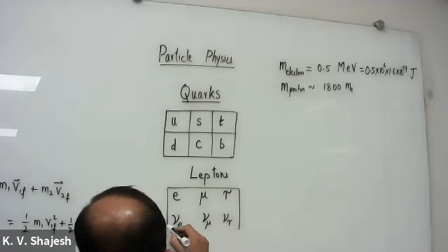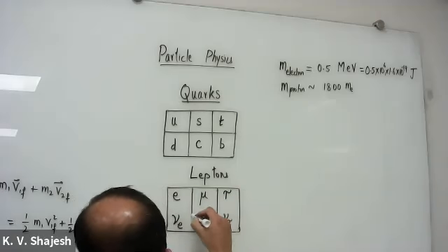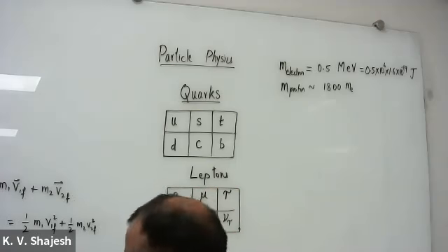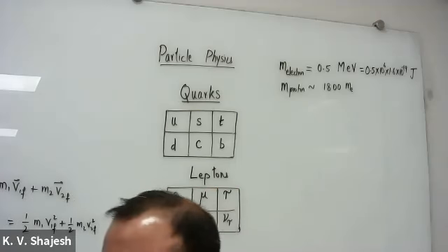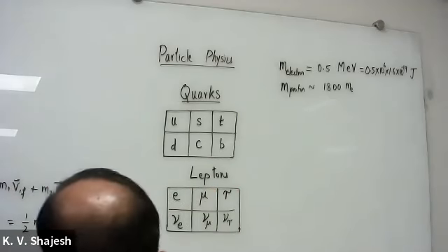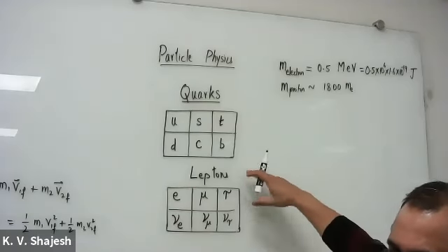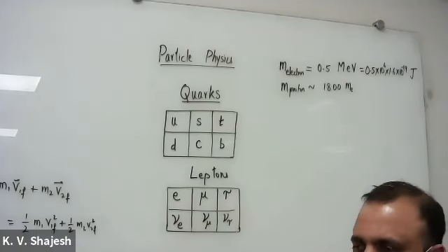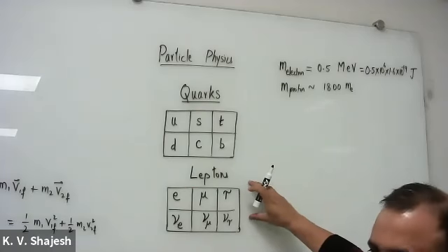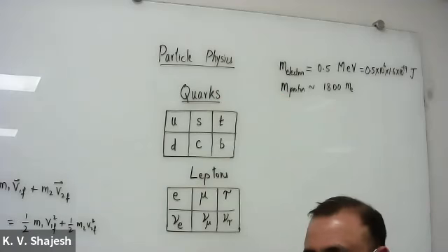And these are a different class of particles altogether. You must have heard about weak forces and strong forces. The leptons interact with each other by what is called weak forces. Anytime you see a weak interaction, that involves leptons, and anytime there is a strong interaction, that involves quarks.